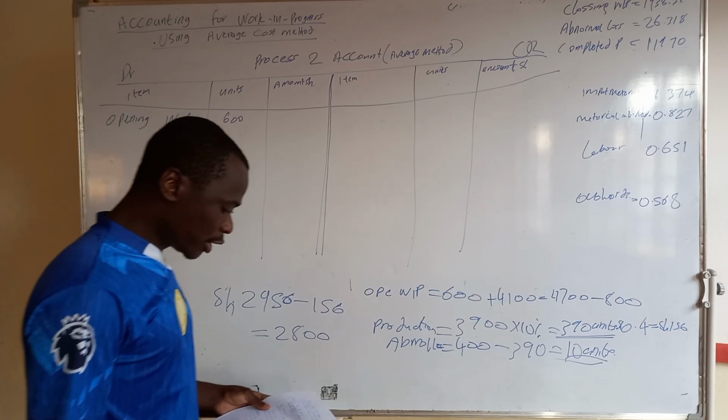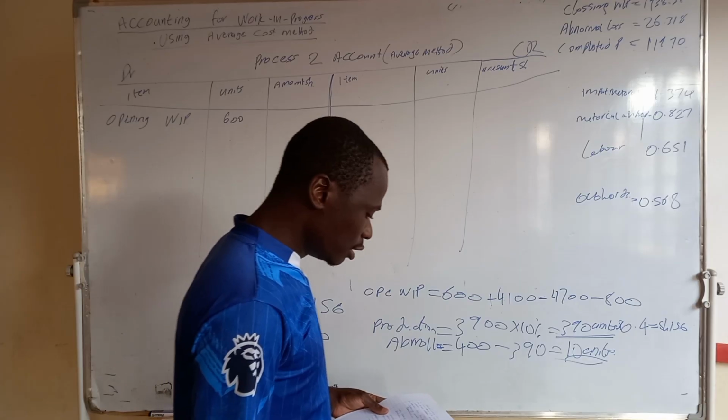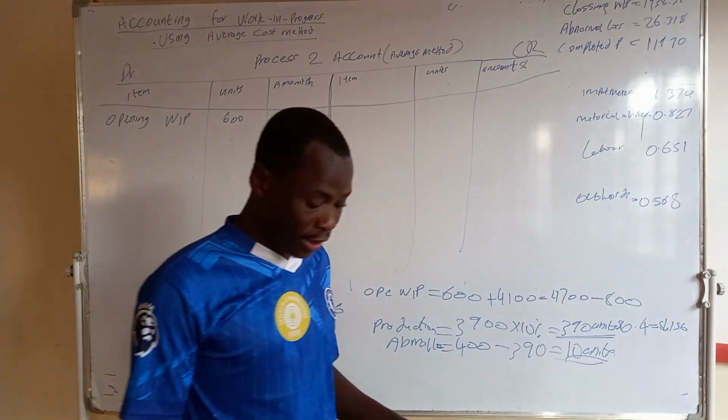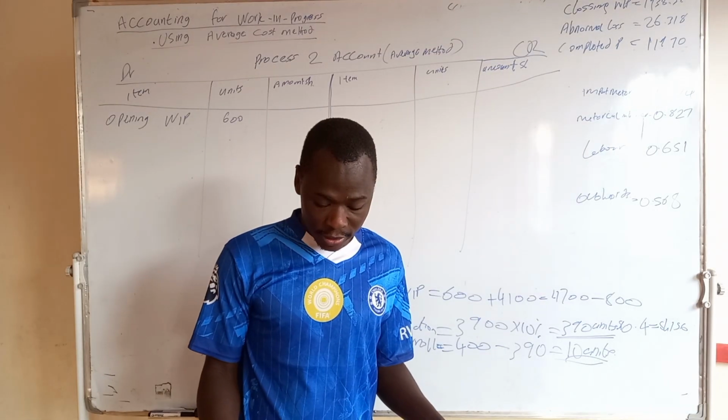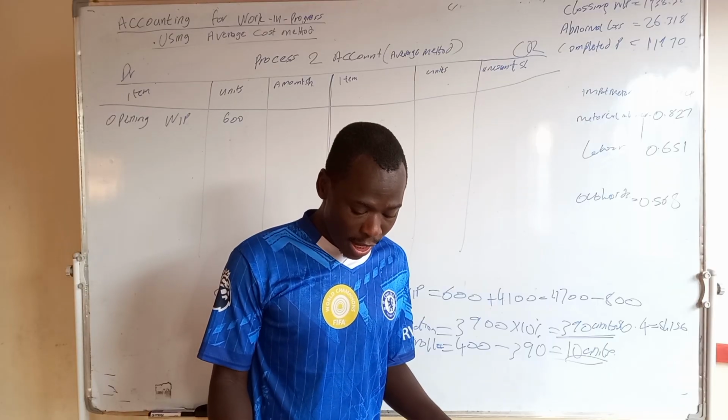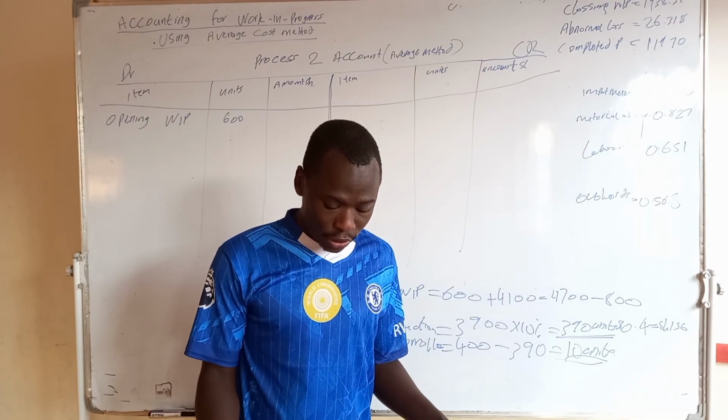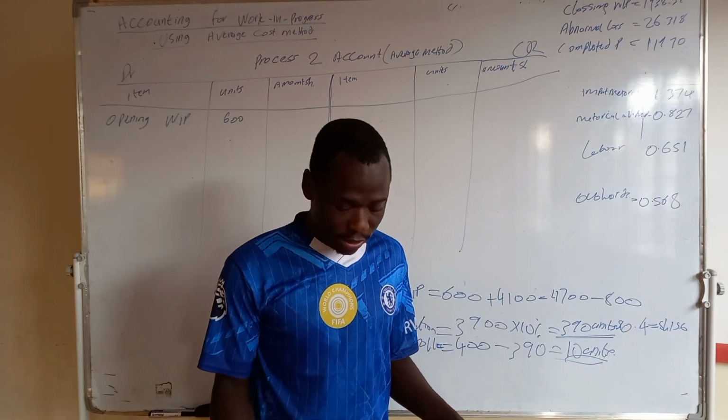Now, work in progress, we had input material 720, we had material introduced 500, then we had labor 340, and then we had overheads 270.